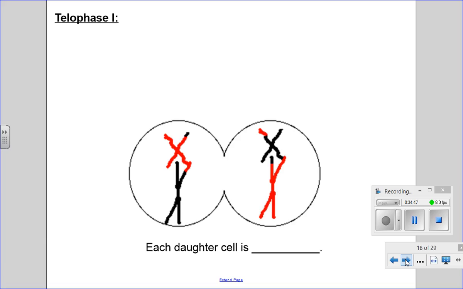So we're going to finish up Meiosis 1 with telophase 1. Now, telophase looks the same as it does during mitosis. For example, you would see the cell pinching if it were an animal cell. You would generally see the nuclear membrane reforming.